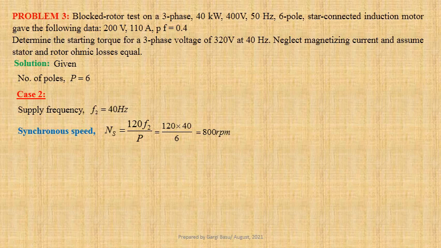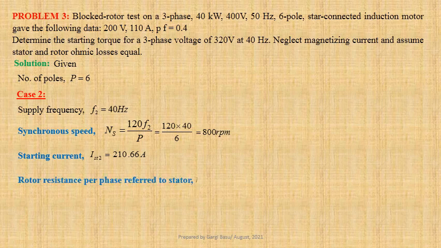We have determined starting current IST2 equals 210.66 ampere and rotor resistance per phase referred to stator R2 dash equals 0.21 ohm.